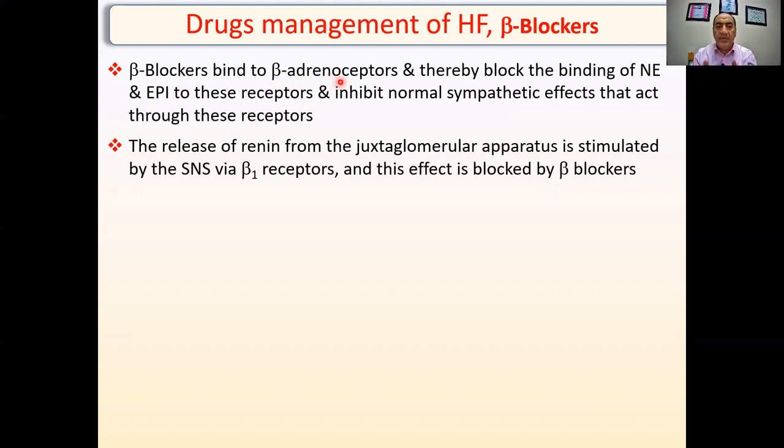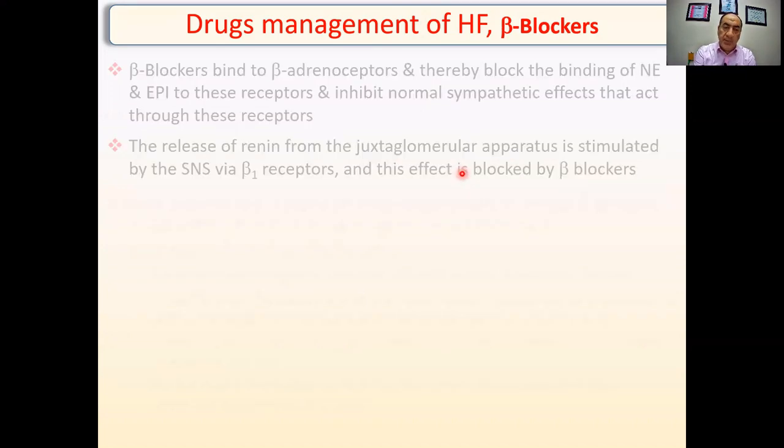Beta receptors themselves, by binding norepinephrine, induce an increased heart rate and contractility, and also sympathetic effects on the renal juxtaglomerular cells to activate the RAS system. Okay, so this effect is blocked.